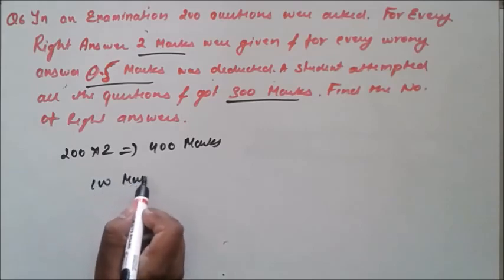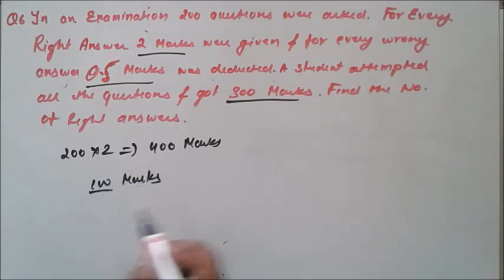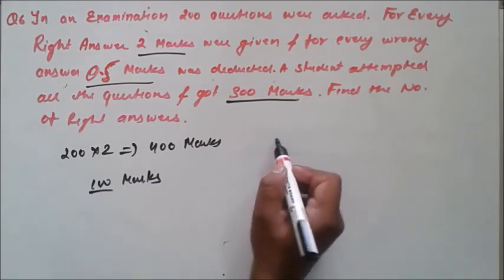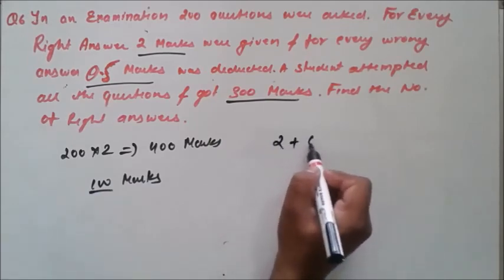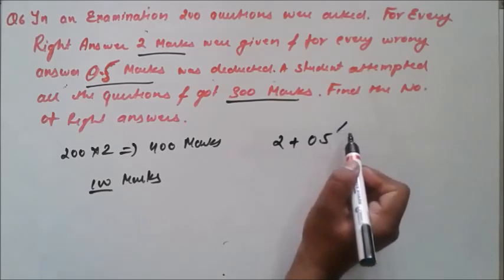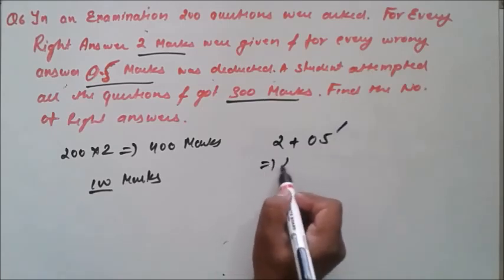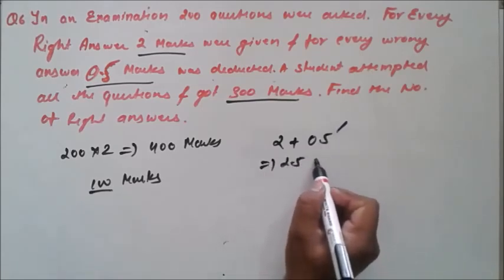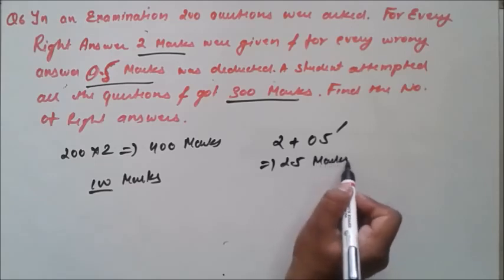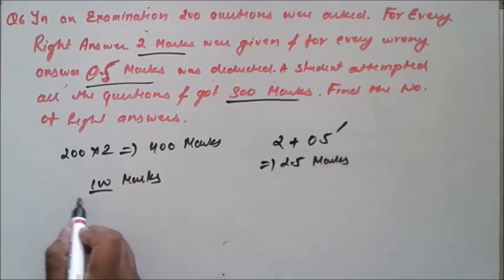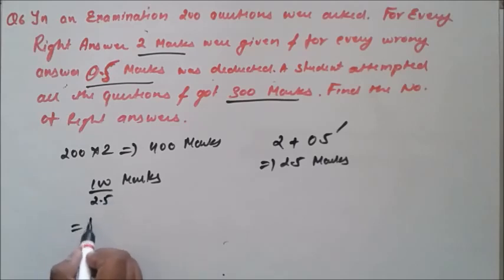100 marks are deducted, and we know that for every wrong answer we will lose 2 marks plus 0.5, that is a penalty for every wrong answer. So the total is 2.5 marks deduction for every wrong answer. Divide 100 by 2.5, it will become 40.